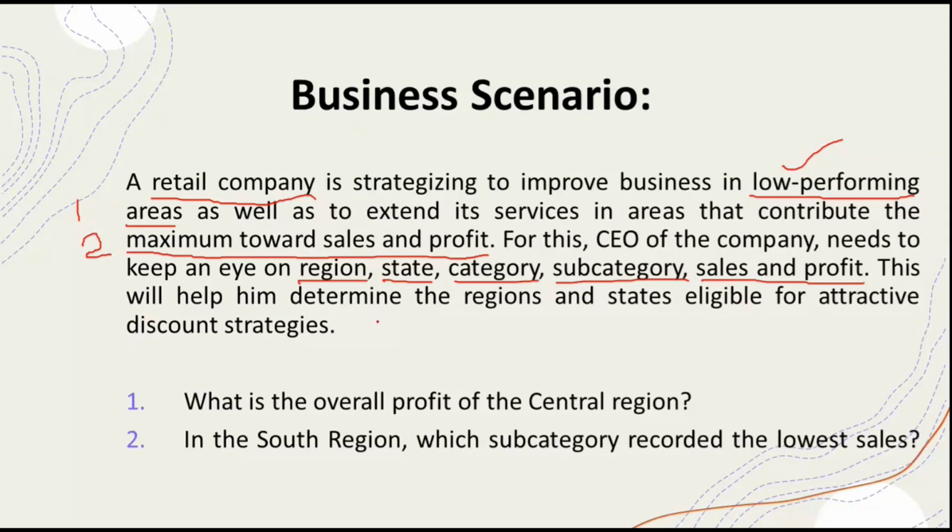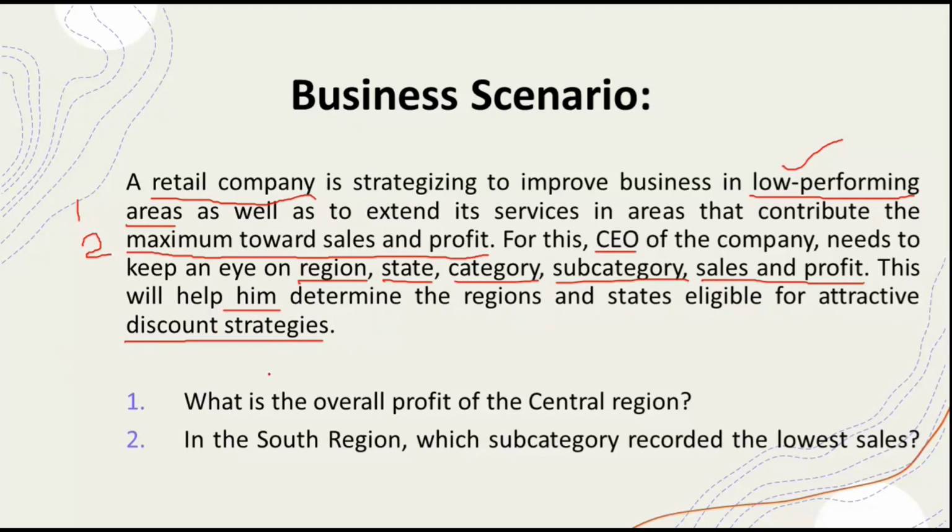This will help the CEO determine the regions and states eligible for attractive discount strategies. So if we can analyze the low performing areas, they can implement some attractive discount strategies there to improve their sales and profits. That's the thing we have to determine.